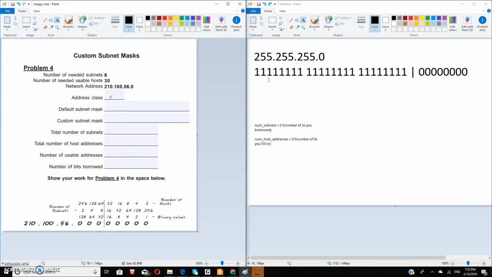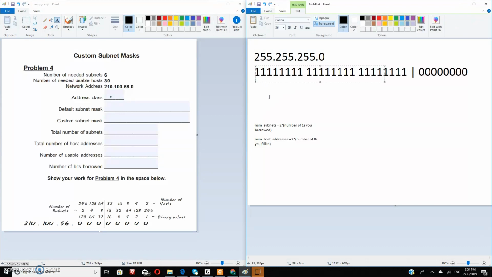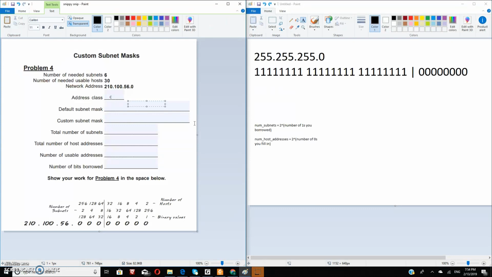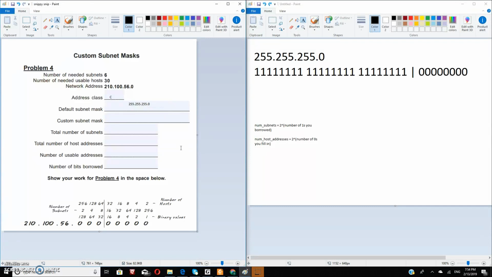The reason why it's 255 is because 255 is the highest number you can represent in binary in 8 digits. So we did that part too. If you didn't get why I got that, just go through the first two subnetting workbooks. That will show why that's the answer there.